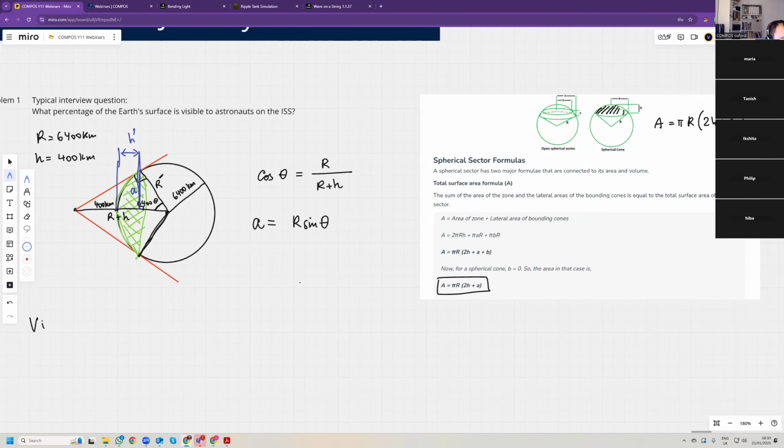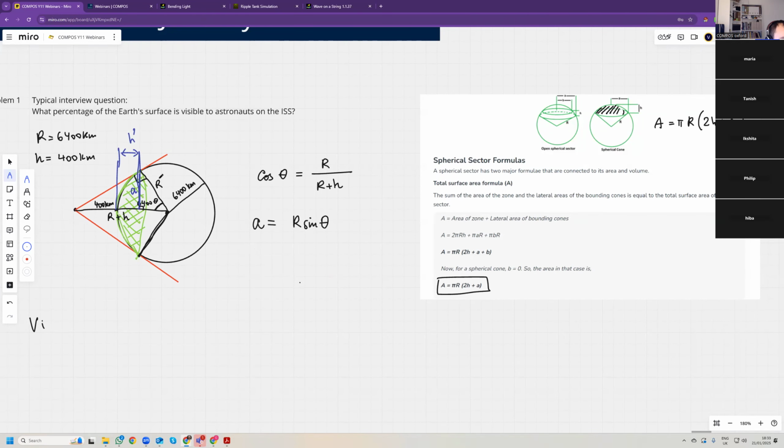And to find h dash, it's r minus r cos theta. Because this line is r, this is theta, this is r cos theta.